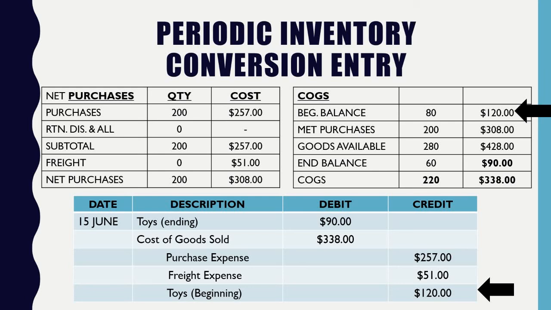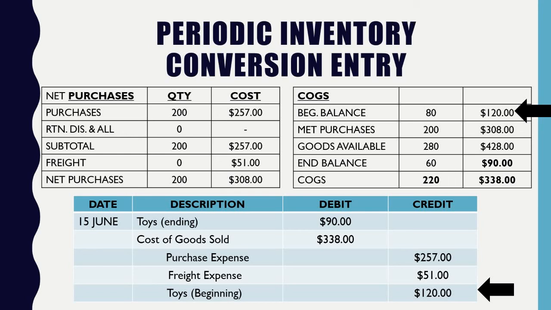So in this case, what we're doing here is totaling up our total goods available. We're making sure that we have all of our purchases, all of the freight, and including all of the beginning inventory, to then separate them into our other accounts for the ending inventory and your cost of goods sold.